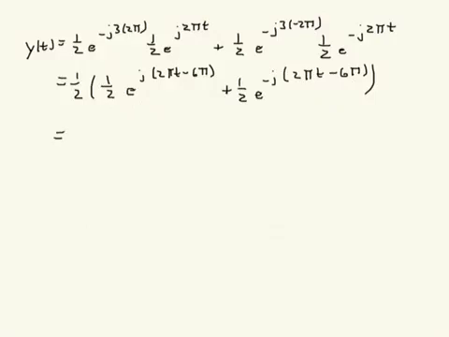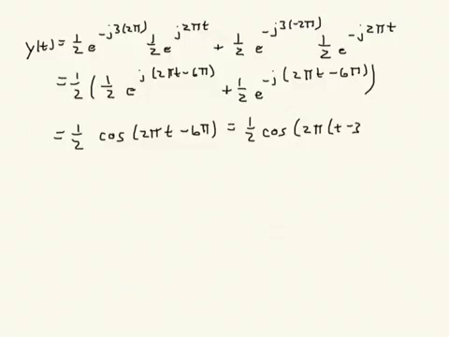So we can simplify this to be 1/2 cosine of 2 pi t minus 6 pi. Or we could write this another way, 1/2 cosine of 2 pi times the quantity t minus 3.